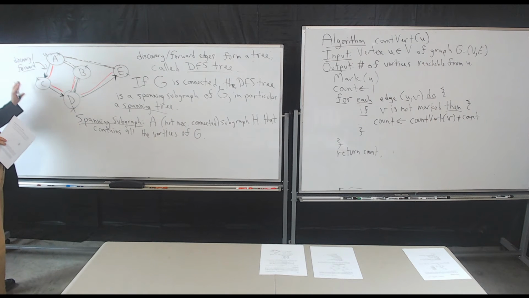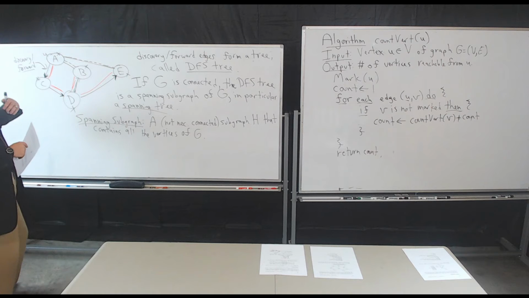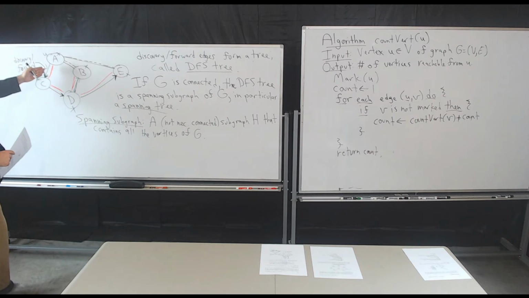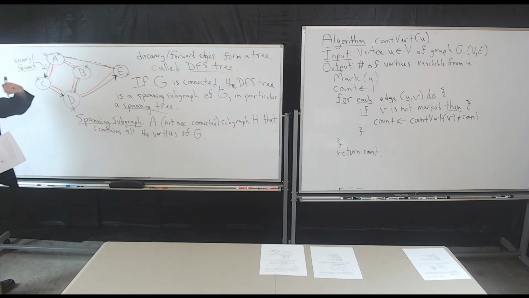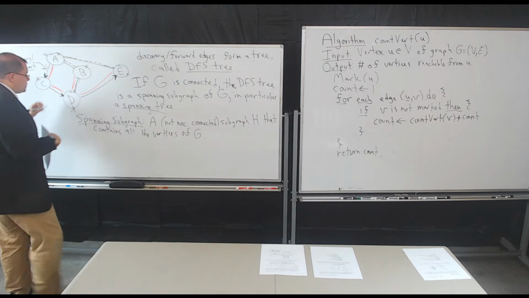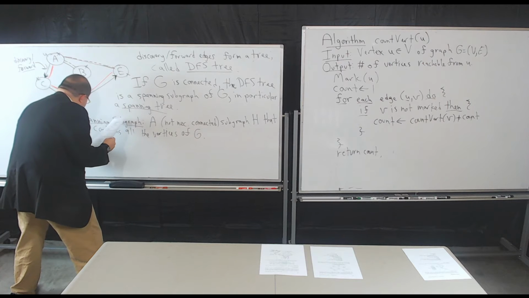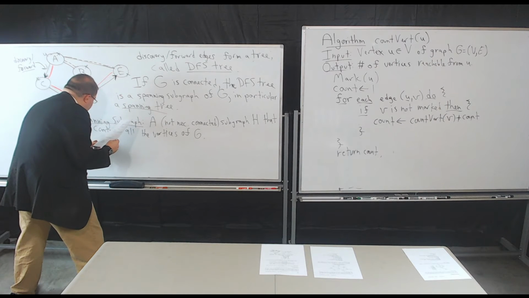So this DFS tree, if the graph is connected, is a spanning subgraph. Obviously, if you run DFS over the entire graph, you'll end up with a spanning tree, assuming it's connected. If it's not connected, what do we have a name for a whole bunch of trees? It was called a spanning forest, right? So you'd end up with a spanning forest. But I'm just going to define a spanning tree here. We'll need that later.